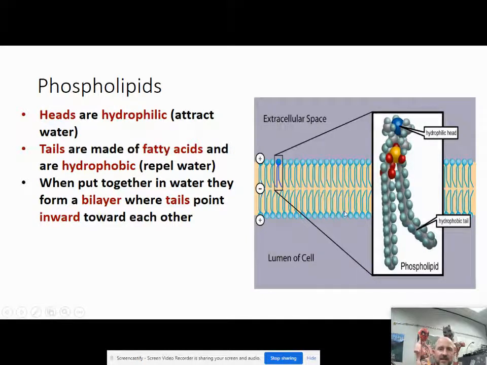But because they do that, they end up forming this bilayer. So the two tails touch each other because they're keeping the water away, and then the heads like the water, and what they end up making is this phospholipid bilayer that blocks water from being in the inside here, although water can still travel through. We'll talk about that. But it forces it to form this really cool thing called the cell membrane.